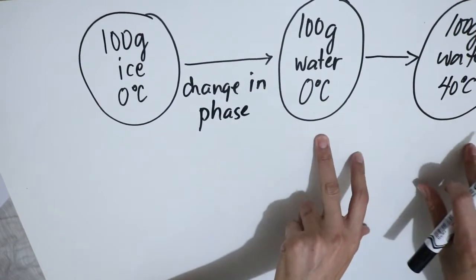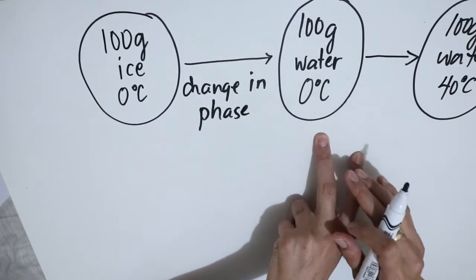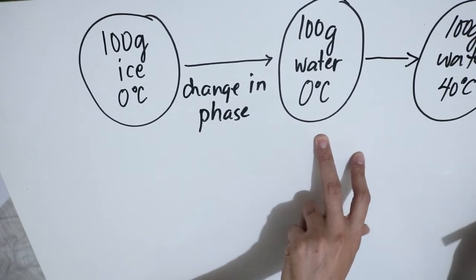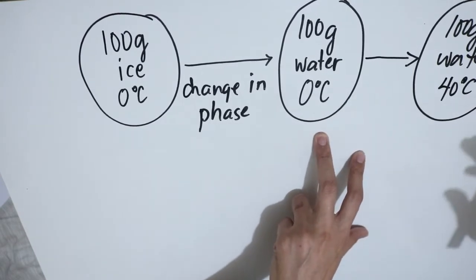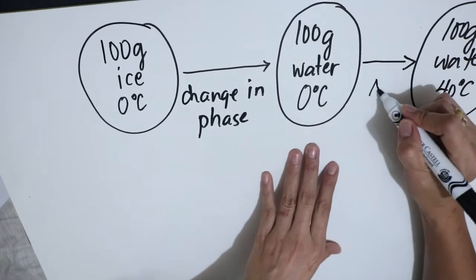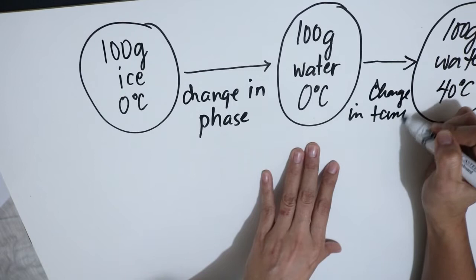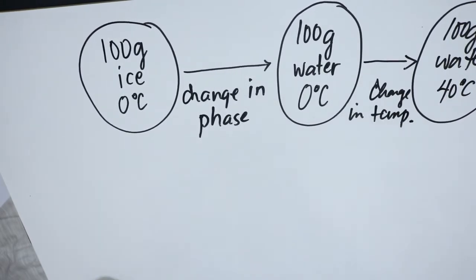On the other hand, this 100 grams of water at 0 degrees Celsius will be increased to 40 degrees Celsius. You will notice that there will be a change in temperature, from 0 to 40 degrees Celsius. It's not yet boiling, it's only at 40 degrees Celsius.